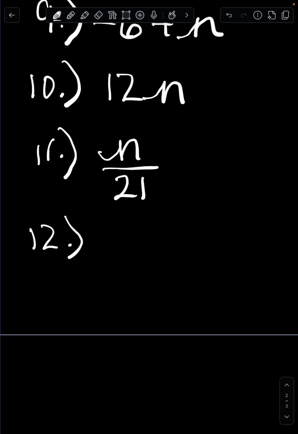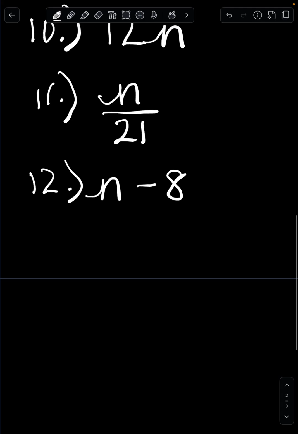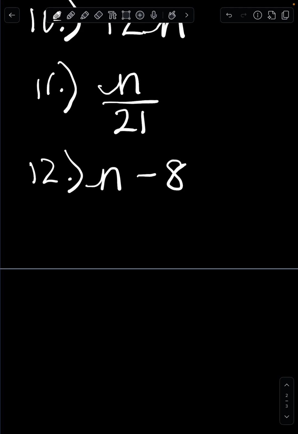Number 12, 8 subtracted from a number. So this is similar to the than. So you have to subtract 8 from something. That means you're going to have the minus 8 at the back end, and you are subtracting 8 from n. So n minus 8.